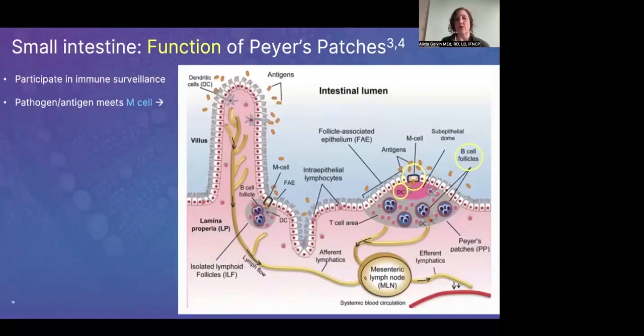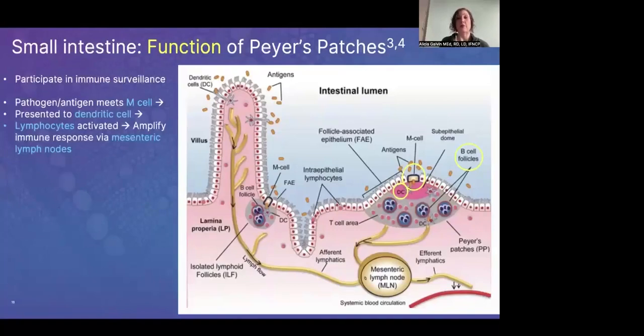You have that pathogen that meets an M cell. It's then presented to the dendritic cell. You then activate the lymphocytes, which amplifies a response through the mesenteric lymph nodes, which I mentioned was one of the 4 components of our immune system. And the Peyer's patch is part of the GALT that I mentioned as part of that immunological action.